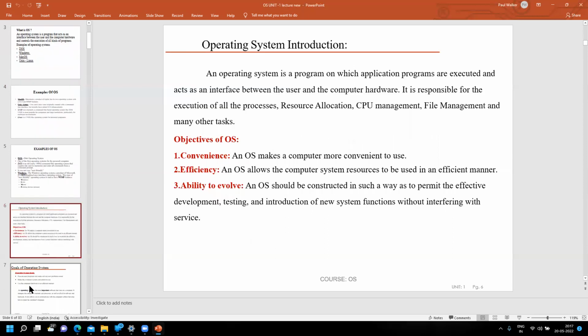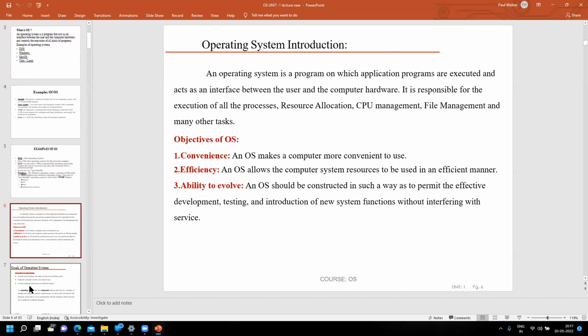As we know, an operating system is an interface that acts between a user and computer hardware. It is responsible for coordinating different types of activities in the system, such as resource allocation, CPU management, file management, and other tasks. These are some of the objectives of the operating system. Operating systems are very convenient to use.